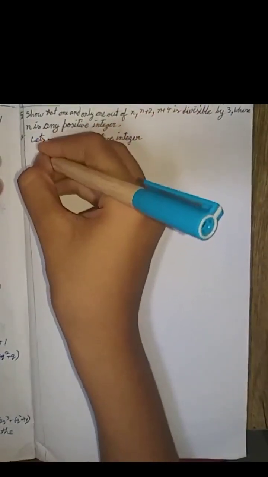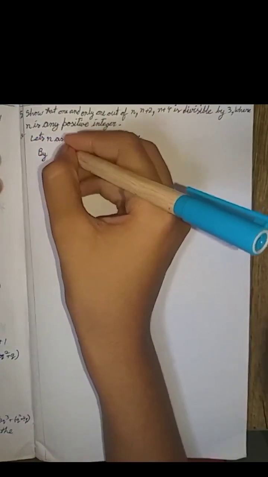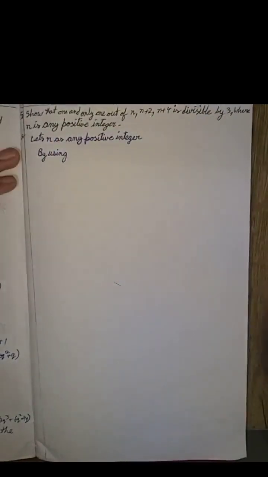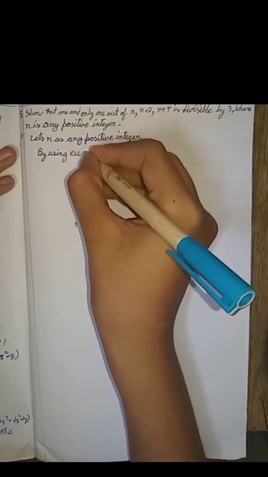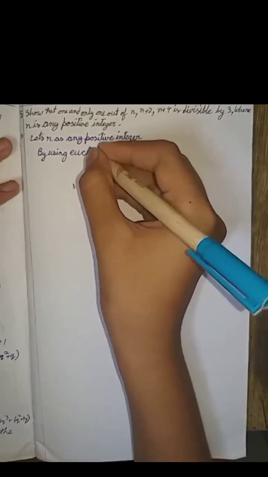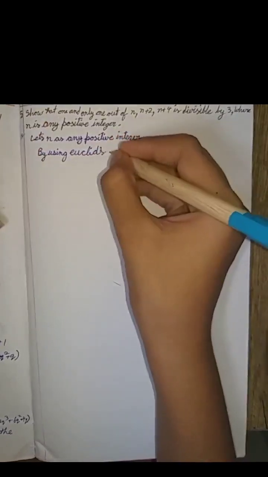By using Euclid's division lemma, a is equal to bq plus r, where 0 is less than or equal to r and r is strictly less than b.